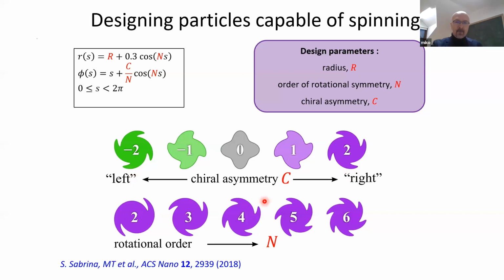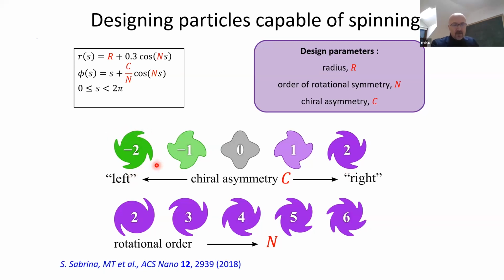And there's another model parameter, rotational symmetry N, which quantifies how many of these features you have on your particle. So it's the rotational symmetry order. These parameters, C and N, are our design parameters, which enter into simple parametric expressions that quantify the shape or perimeter of these nanoparticles.